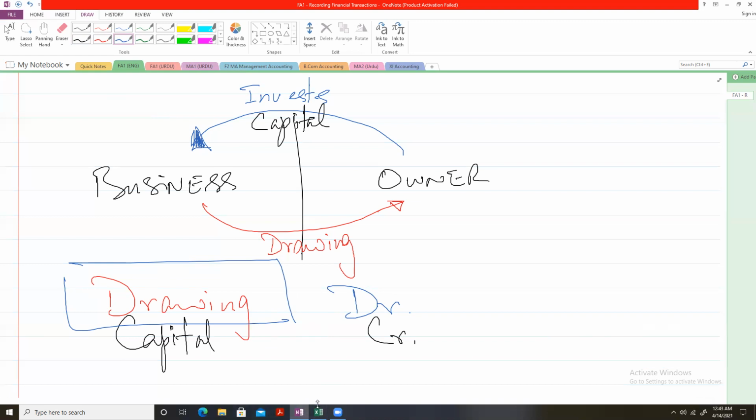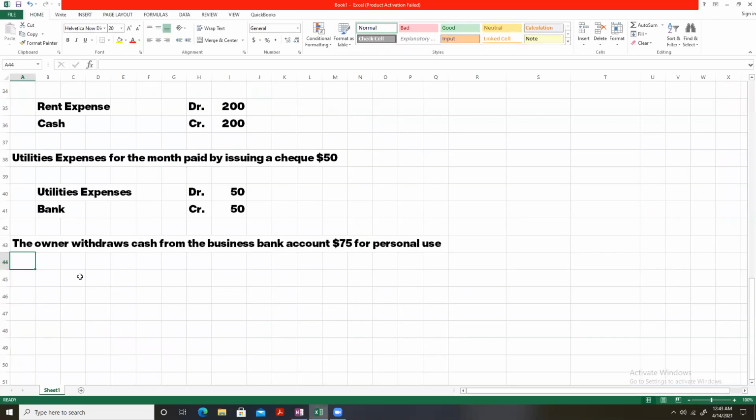Please keep in mind, this is a very important point: the drawing account is actually the opposite of the capital account. So whenever the owner makes an investment and the capital increases, we credit the capital account. But on the other hand, if the owner takes out something from the business, then the drawing account is debited.